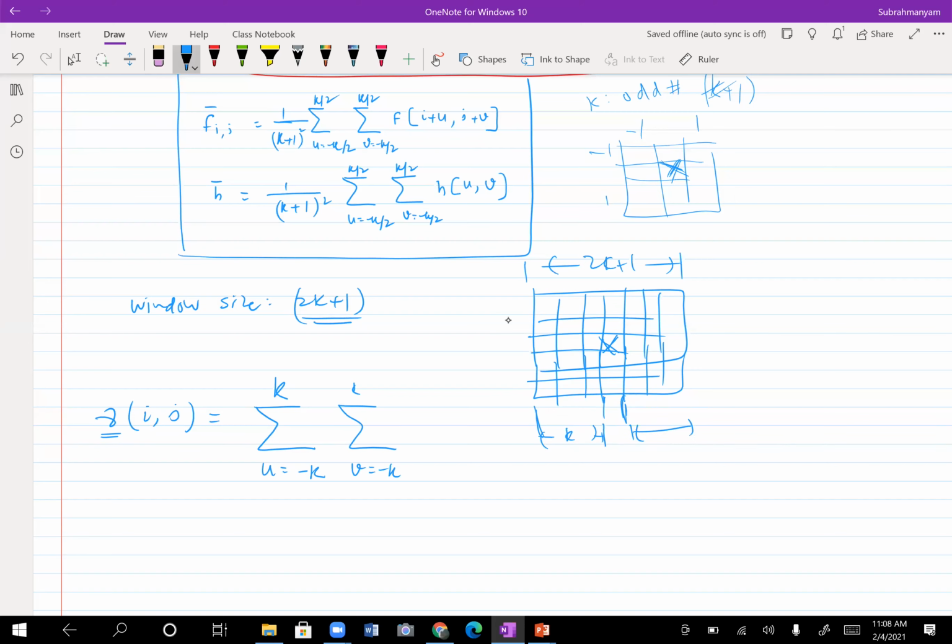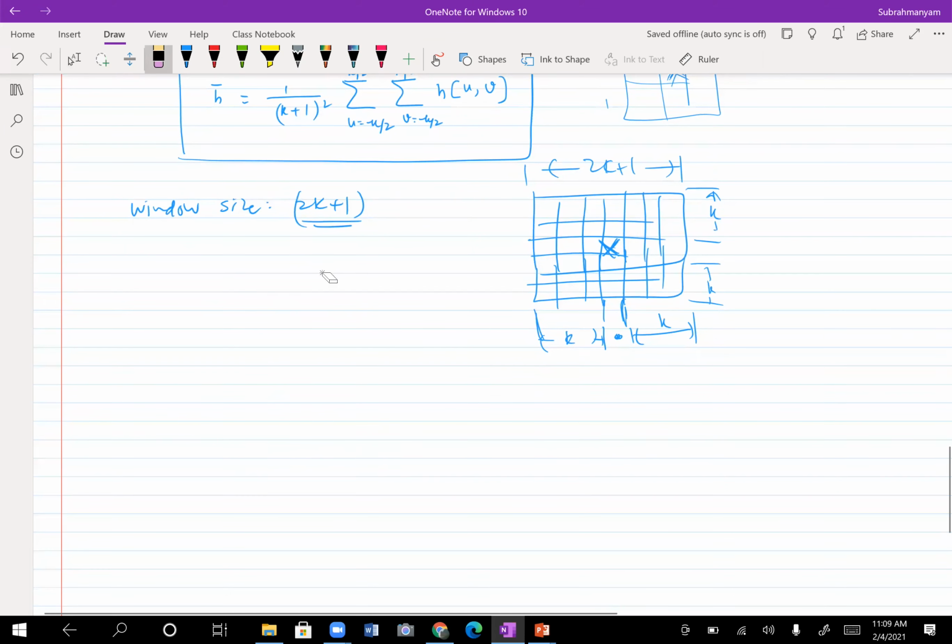Similarly, this length is k here. Of course, the index 0 pixel is at that location. Similarly, in this direction also, this is k and this is k. This is your 0 location. So v goes from minus k to k, hope that is clear.